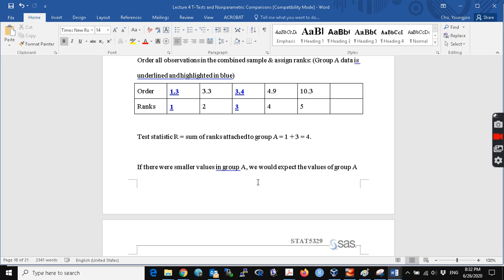We can use the sum of ranks as a test statistic, and then do the test for determining whether they have different population means, or smaller means or bigger means.